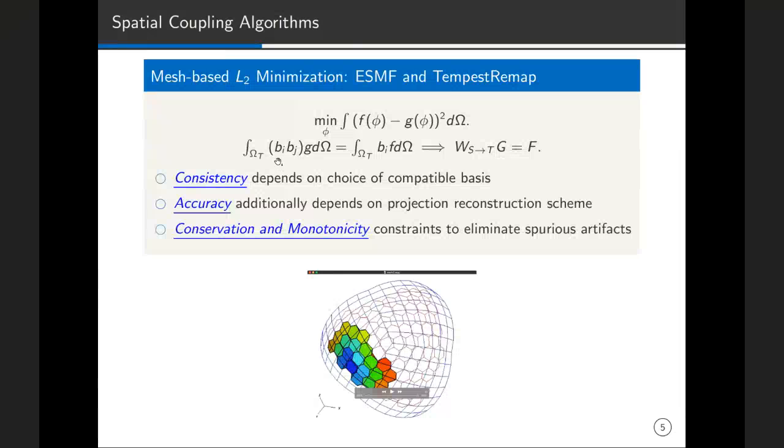And you can expand this out essentially as the weight matrix here, which is essentially a mass matrix that depends on the basis functions defined on the source and target grid. And so it's important to get this weight matrix correctly. We need to make sure that there is an accurate intersection between the source and target grid, so what we call the super mesh needs to be computed.